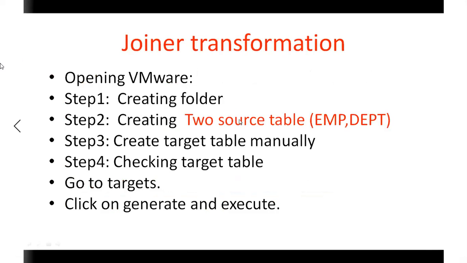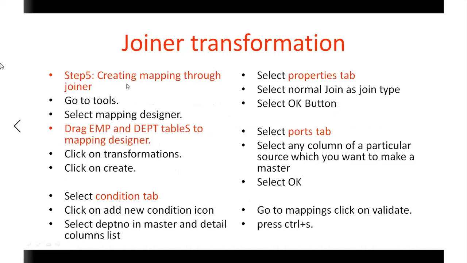Take the two source tables, employee and department table, then create the target table manually and check the target table. Then go to the targets, click on generate, and execute the target table. After that, create the mapping using joiner. Drag and drop the employee and department tables from the source, and then set the condition.